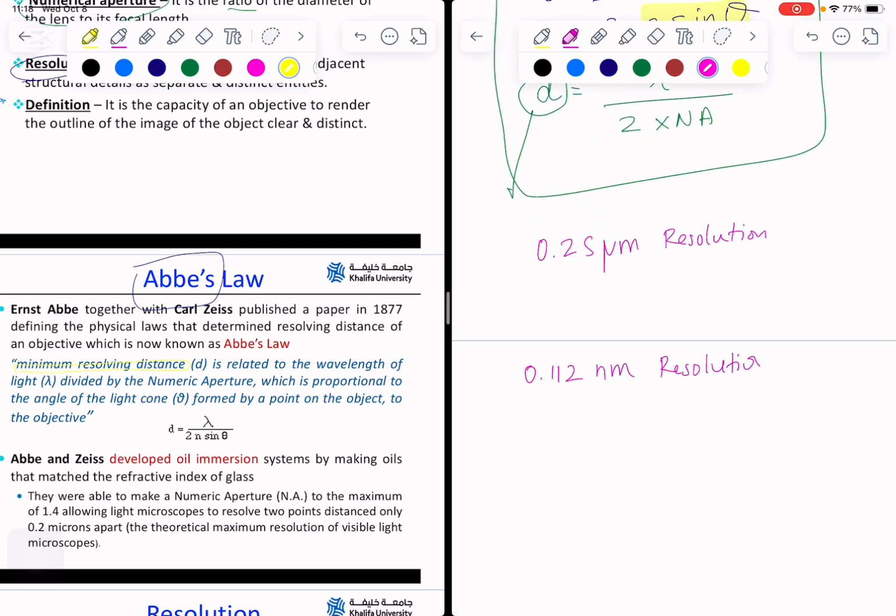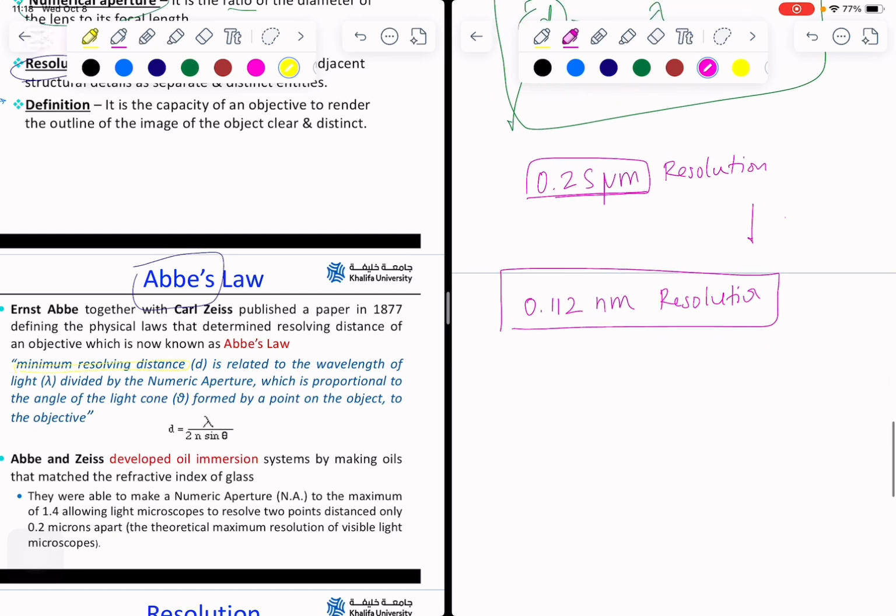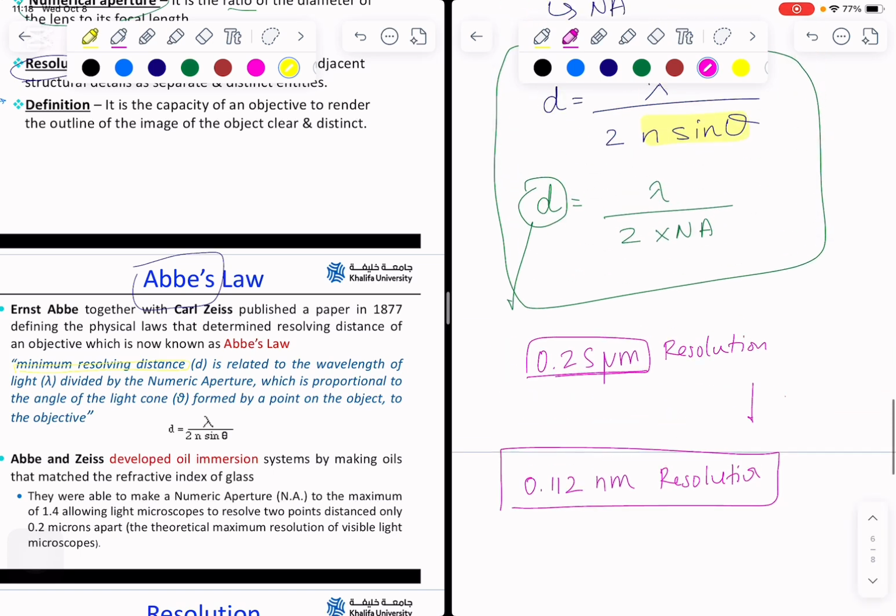Basically, I could go down up until the smallest number being 0.25 micrometers. This is my maximum ability to distinguish between 2 points. But this microscope over here can go even further down to 0.112 nanometers. So the D talks about the minimum resolving distance.